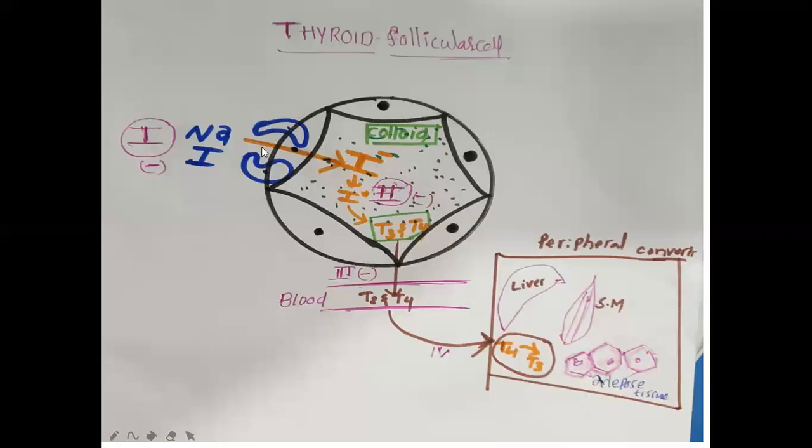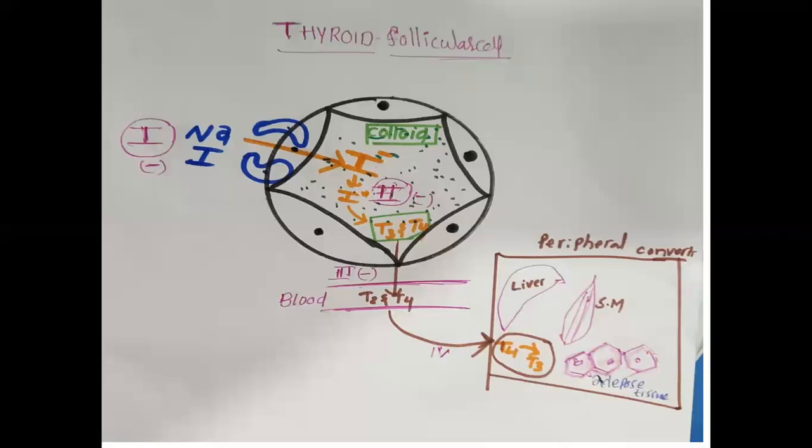First, iodine enters into the thyroid cell through the sodium iodide symporter. When it enters into the cell, it undergoes oxidation. After oxidation, this oxidized iodine is mixed with tyrosine residues which are present in the colloid and forms monoiodothyronine or diiodothyronine.